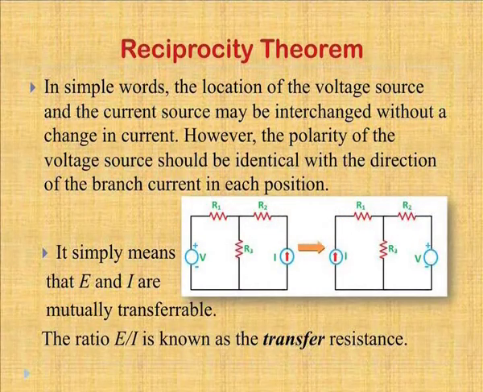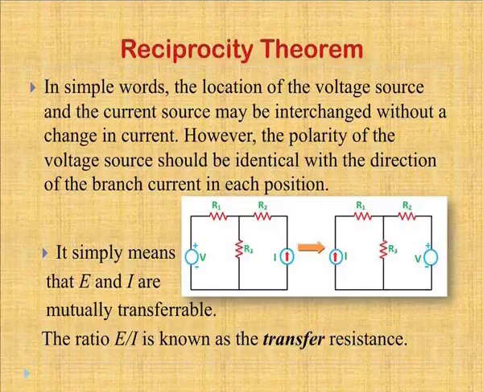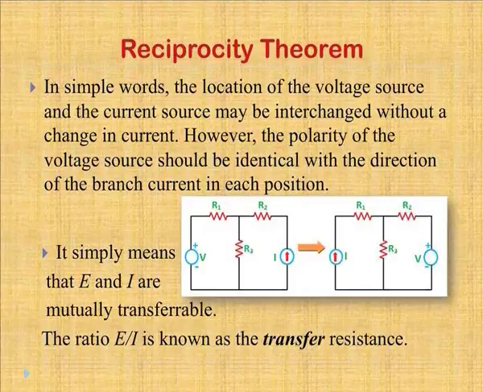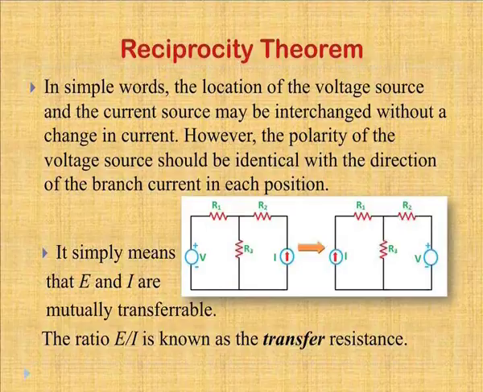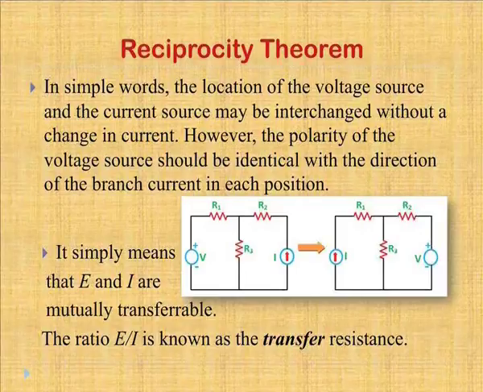In simple words, the location of the voltage source and the current source may be interchanged without a change in current. However, the polarity of the voltage source should be identical with the direction of the branch current in each position. So, it simply means that E and I are mutually transferable.